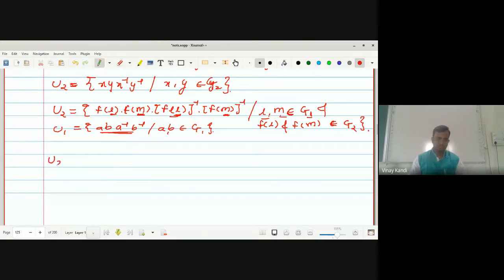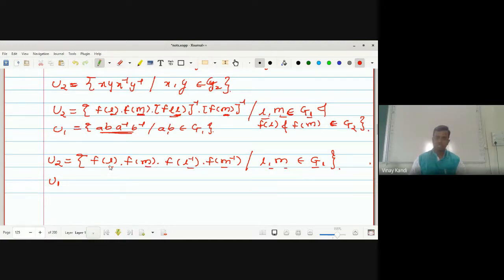What is U2? U2 is equal to f of l into f of m into f of l inverse. You know that f of x, inverse, is equal to f of x inverse. This was done in BSc, you know that, right? Yes, sir. This is into f of m inverse, where l and m belong to G1.